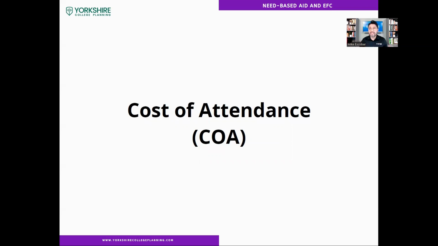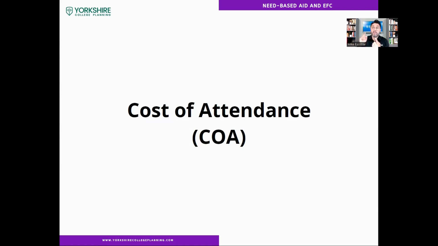So cost of attendance is the all-in cost for 1 year on campus for one of your students. It's often referred to as sticker price. Let's take a look at a couple of colleges' costs of attendance.